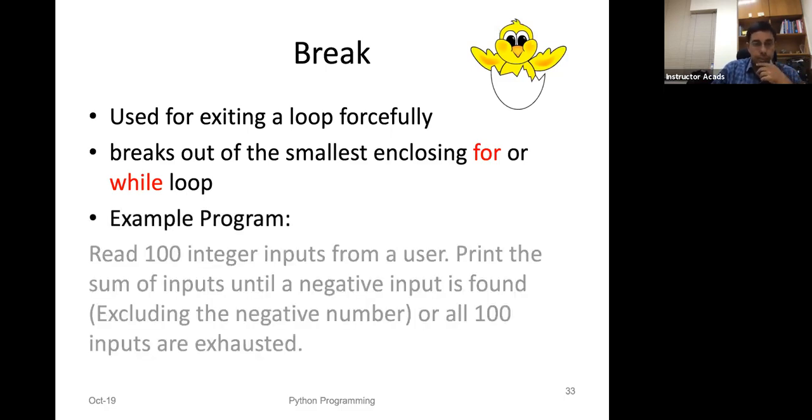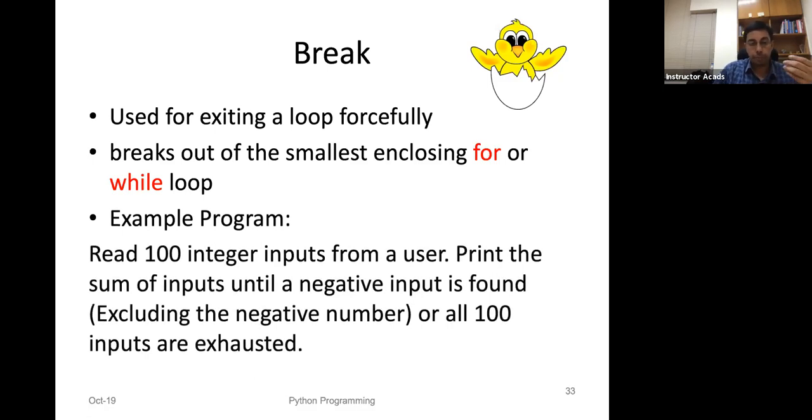Okay. So let's look at a small program, a scenario that we are interested in. This is a program to sum 100 integers entered by the user. But if a user enters any negative number, then you have to exit out of the program.